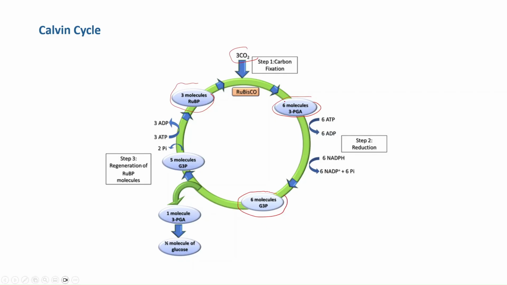No, 6, sorry, in there. 5 go back to regenerate ribulose, 1 comes out, and when you repeat this a second time, then you can make 1 glucose. This tells you how much ATP, how much NADPH you're using and all that, without getting to the details of the chemical reactions.